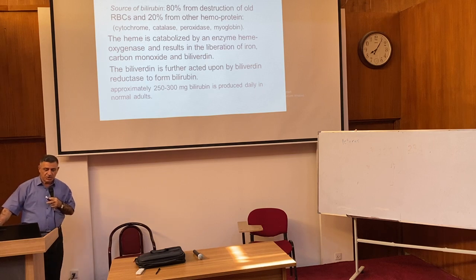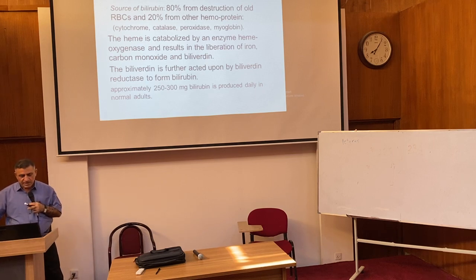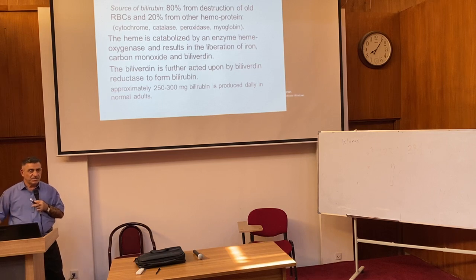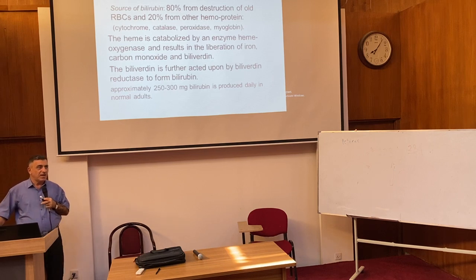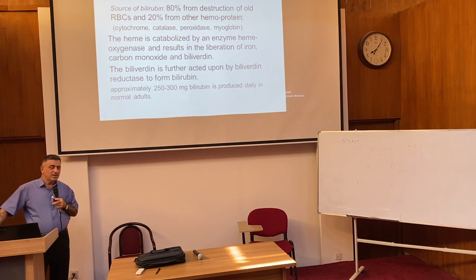The heme portion is catabolized by an enzyme called heme oxygenase. And this results in the liberation of iron, carbon monoxide, and biliverdin. Hemoglobin has the heme portion, and the globin is a protein, which is degraded to amino acids, and these amino acids are recycled in the body for formation of other new RBCs.